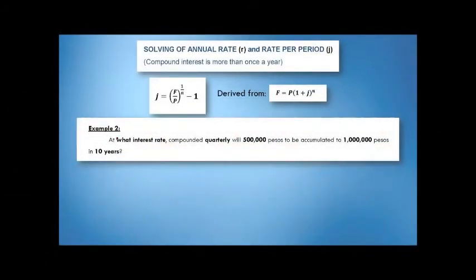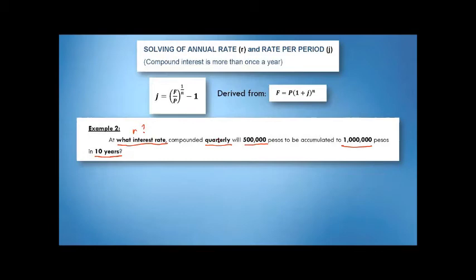We have example number 2. At what interest rate, compounded quarterly, will 500,000 pesos be accumulated to 1 million pesos in 10 years? Again, analyze natin yung problem. Ang tanong is what interest rate? So we're talking about small r or the annual rate.